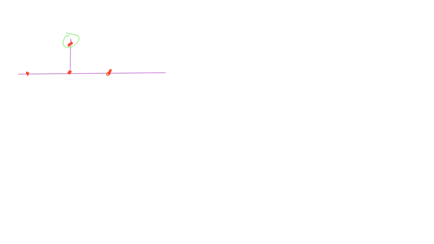So E is equal to K Q over R squared, right? So if we look at this from Coulomb's law, we just want the magnitude, so that should be K times this Q over the distance squared.